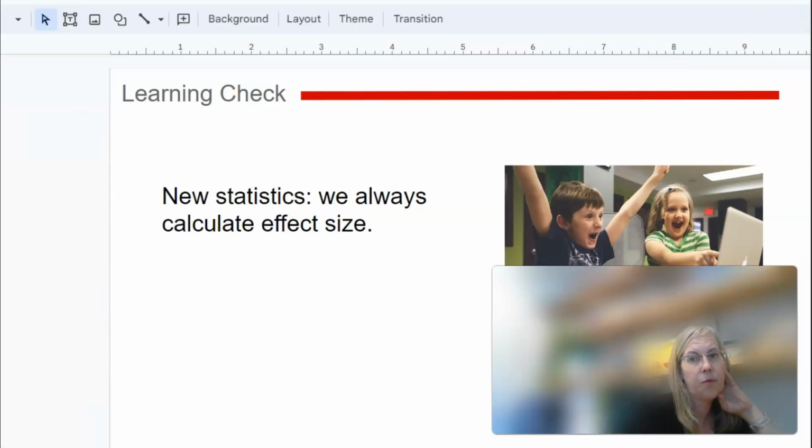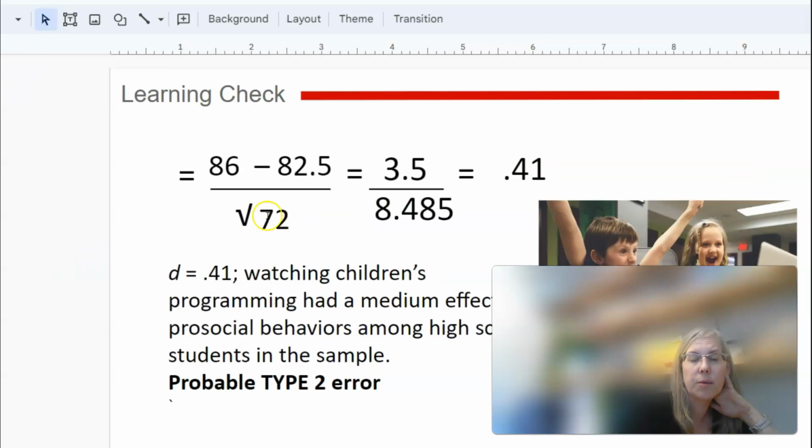For effect size, we either have Cohen's d or r squared. Cohen's d is your mean difference, the top of your t, over the standard deviation. The standard deviation for us is the square root of our pooled variance. Our pooled variance was 72, so the square root of 72 is 8.48.